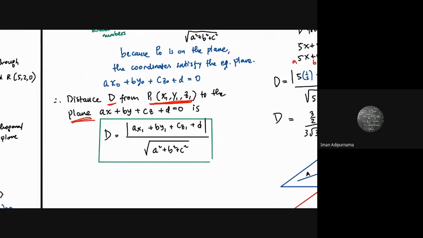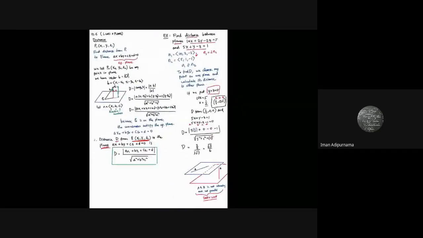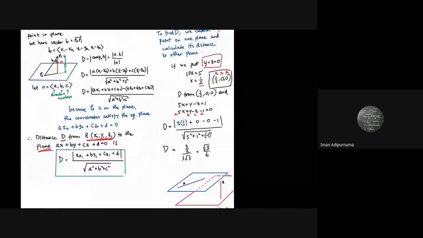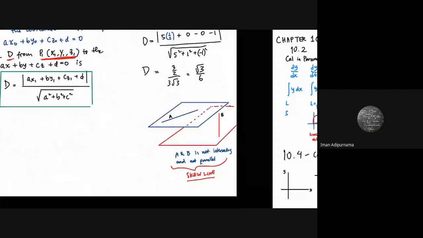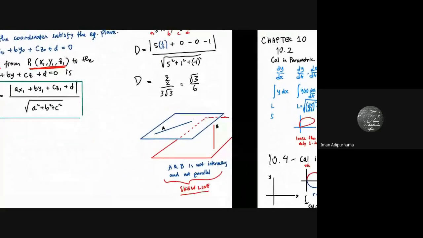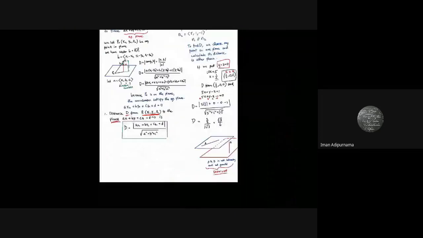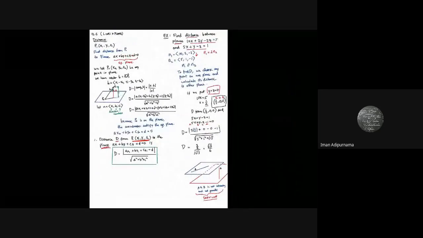By doing that, we can measure the distance, and this is an example that we have done previously. So after 12.5, what we are going to do next is called the quadratic surface.